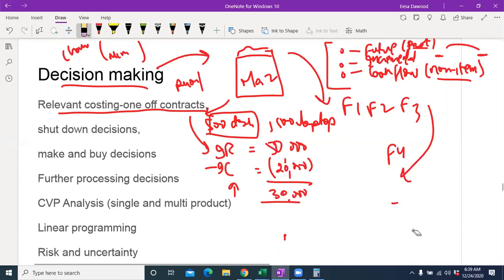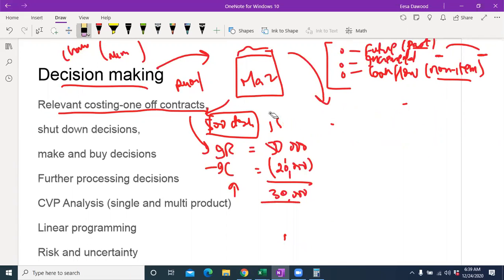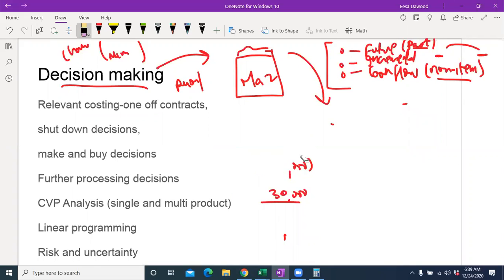Being a management accountant, being an assistant to a manager, you need to develop all those skills: planning skills, control skills, decision-making. You should know what is the right decision, and not only based upon the financial factors, you need to consider the non-financial implications as well. Whether I've got the skills, whether I've got time, whether I would be able to provide quality, what would be the impact on the employees. If I shut down, for example, what would be the impact on the morale of the employees?